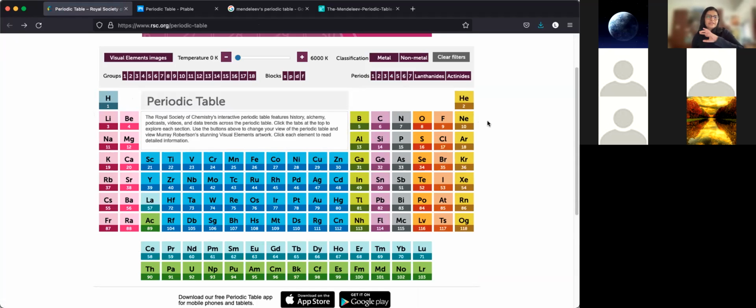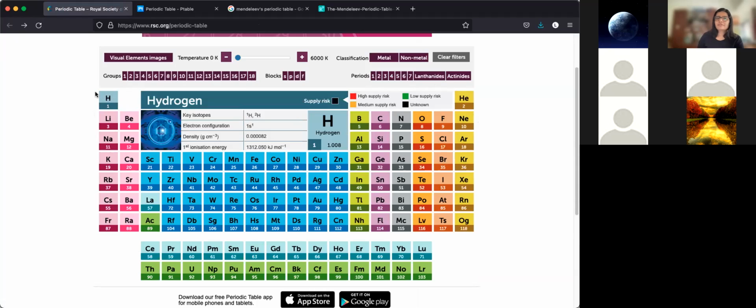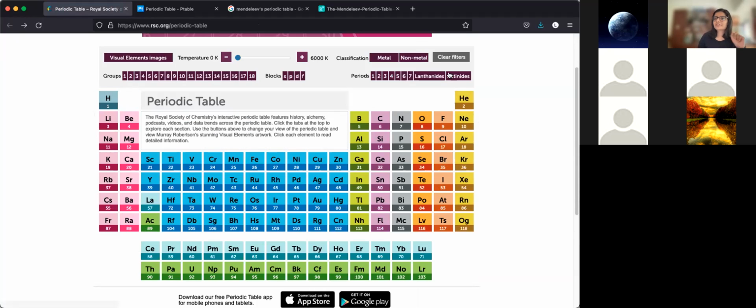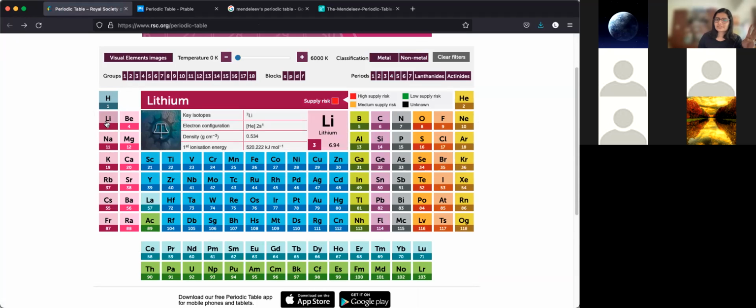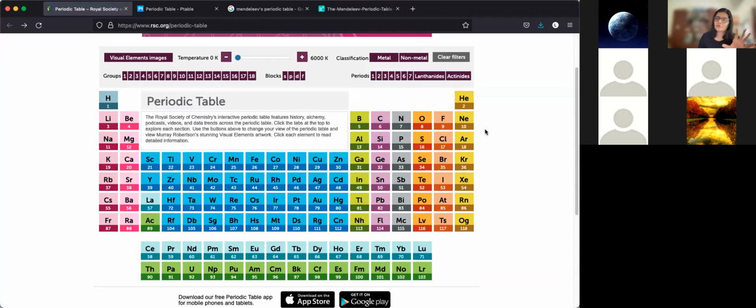That way you removed all the disadvantages that had to do with isotopes and irregularities. Atomic number is pretty straightforward. 1 proton hydrogen, 2 protons helium, 3 protons lithium, atomic number 4 beryllium. It just goes on 5, 6, 7, 8, 9, 10 in the same order, a regular increase.